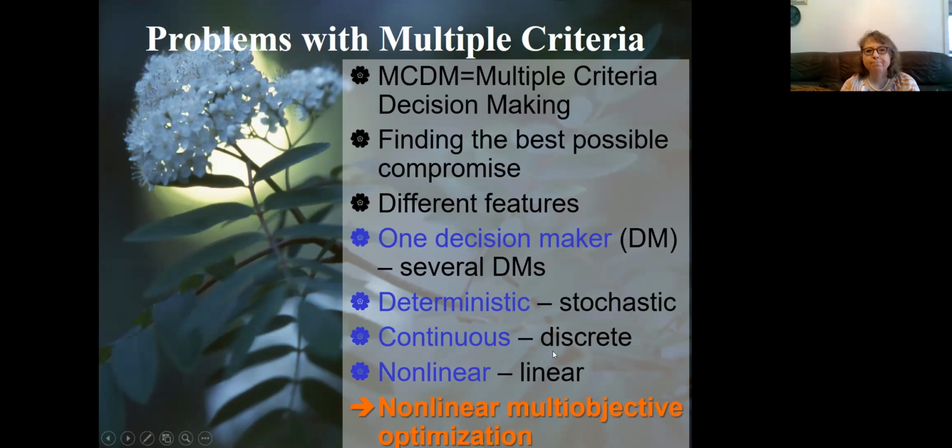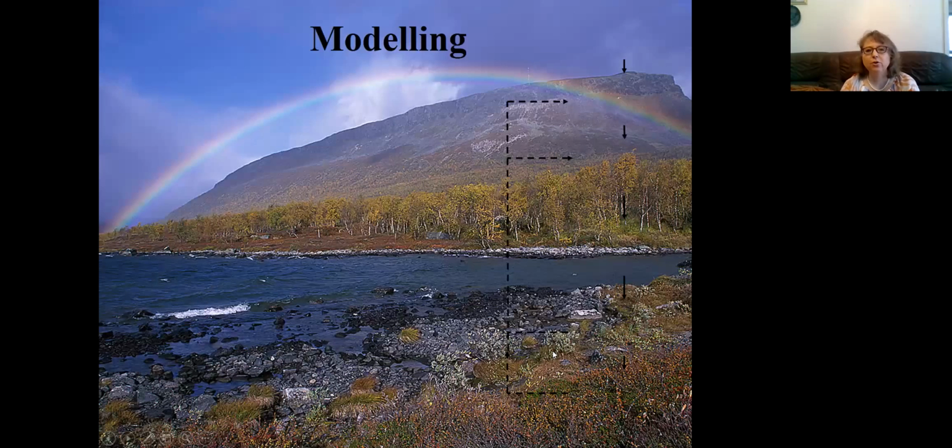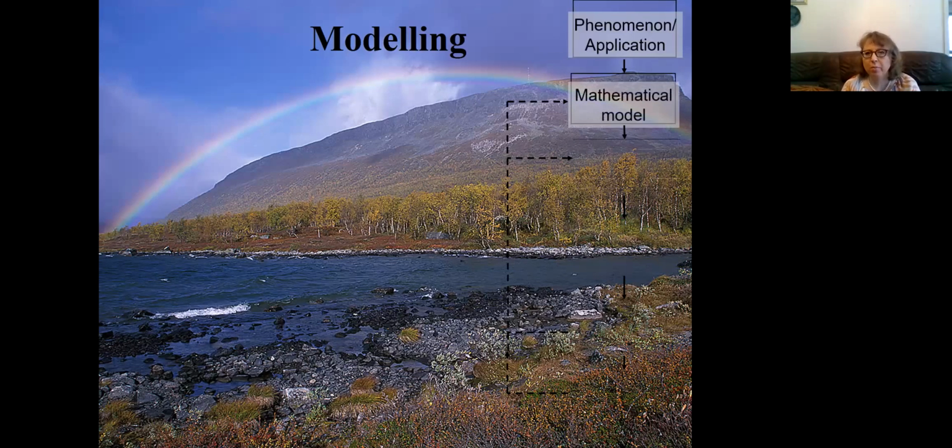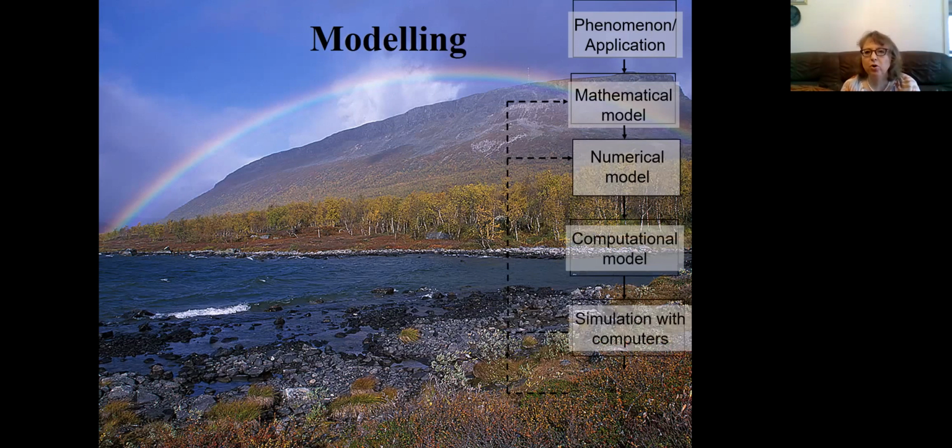And then one reminder of how we get optimization problems. Typically, we have some phenomenon or application. We can have some mathematical model from which we create a numerical model, from which we make a computational model with which we can simulate that phenomenon with computers.